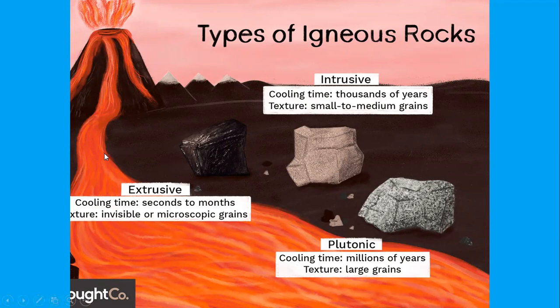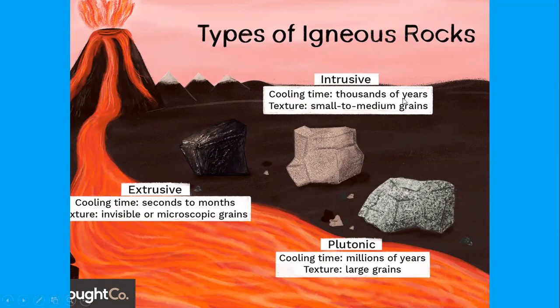When the molten magma cools down on the earth's surface externally, this is known as extrusive rocks. When the molten magma cools down inside the earth internally, it is known as intrusive igneous rocks.